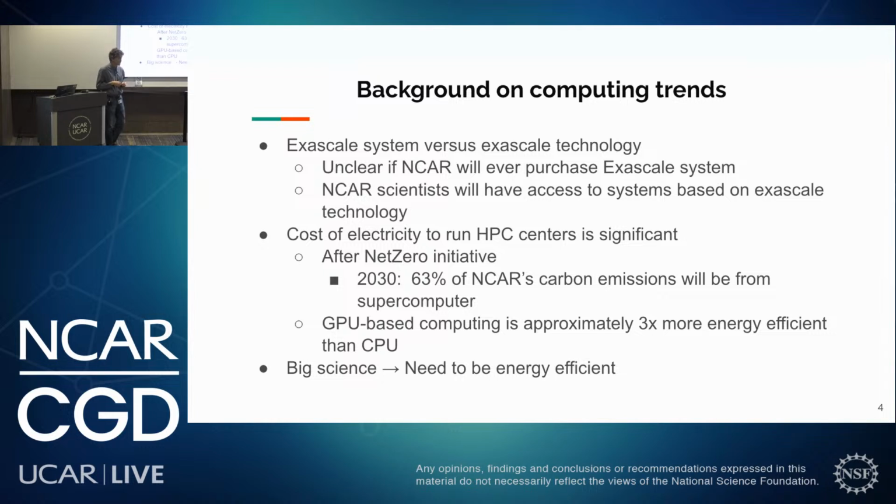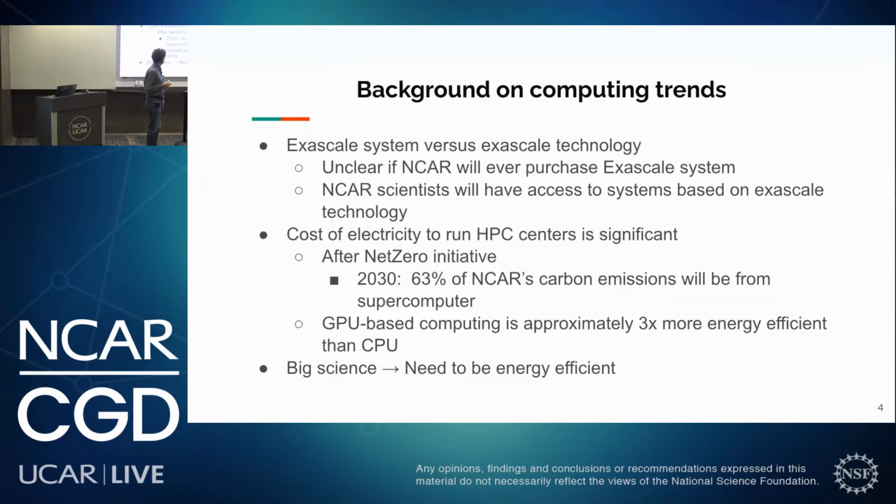One of the other things to keep in mind here is that the cost of electricity to run an HPC center is significant. There's been some discussion, I don't know how many of you are familiar with this net zero initiative that UCAR is pushing. They want to redo all our buildings and make a lot of energy efficient improvements to some of our shuttles and stuff like that.